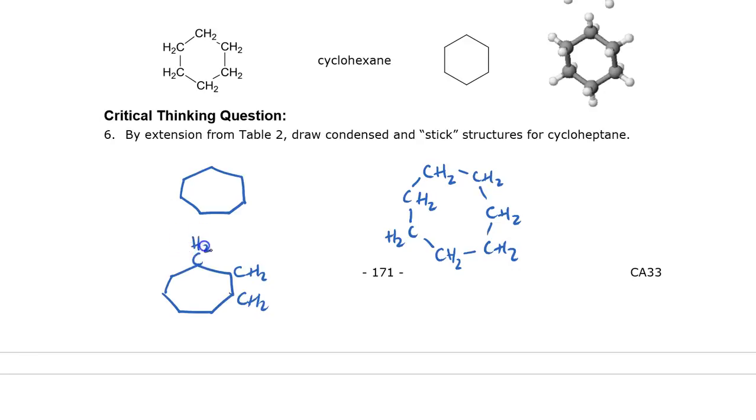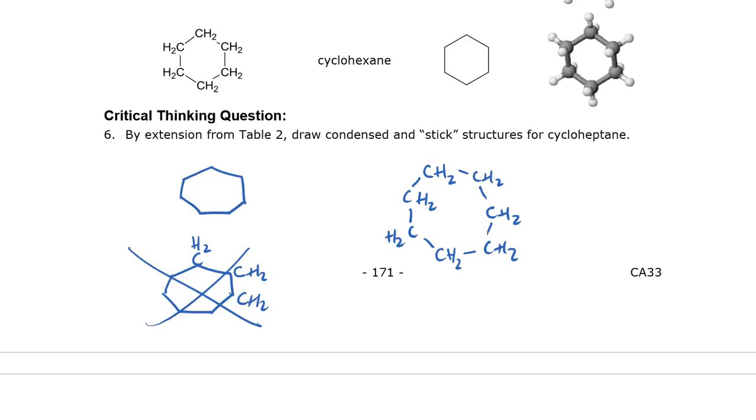That's not correct, because you need to be showing that the bonds are holding the carbons together. The bonds are connecting the carbons together. So here I'm showing lines, but they're not between the carbons. So don't mix and match. Either show the stick structure or the condensed, but not try to mix them like this.